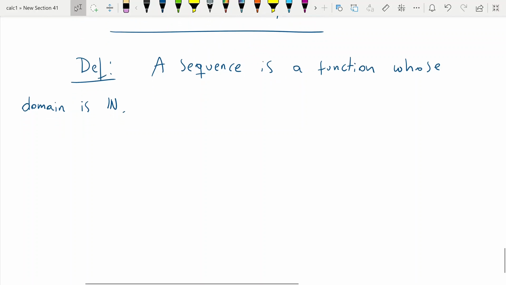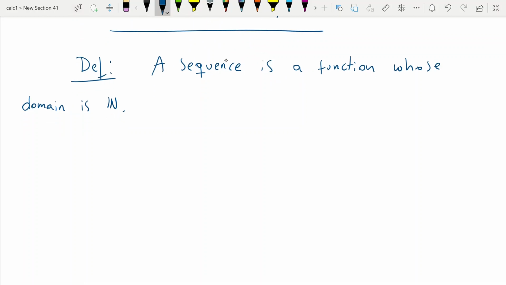For example, you can consider the sequence 1, 1, 1, etc. The function need not be injective, so this is the constant sequence.